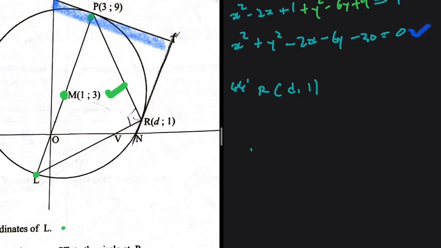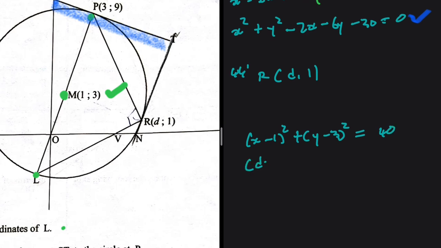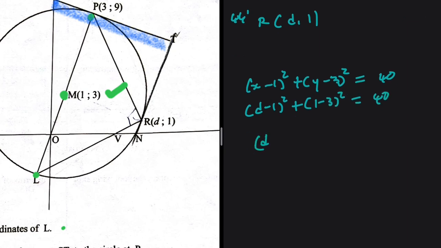So we have (x minus 1) squared plus (y minus 3) squared is equal to 40, right? X is what you're looking for, so we have (d minus 1) squared plus (1 minus 3) squared is equal to 40. So (d minus 1) squared, 1 minus 3 is minus 2, we square that, we get plus 4.